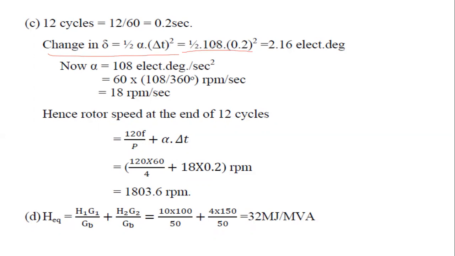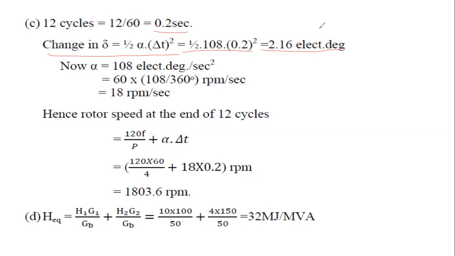That is 1 by 2 into 108 into delta t. Delta t means the time. Cycles will be converted into time, then it will be 0.2 seconds. Substituting delta t is equal to 0.2, that will be equal to 2.16 electrical degrees.